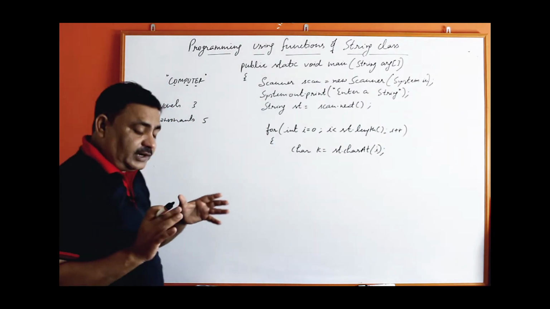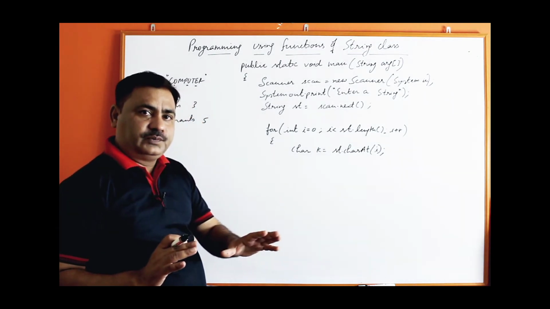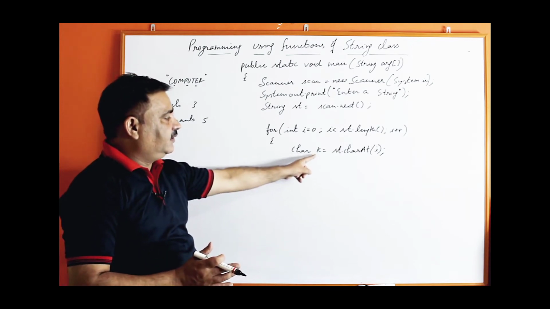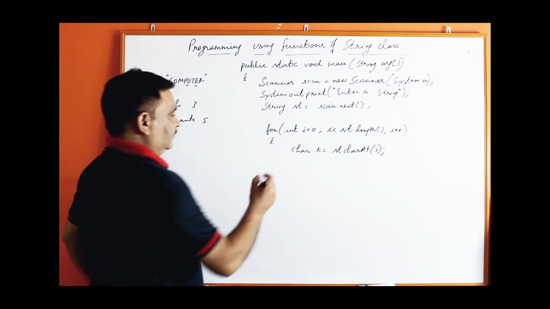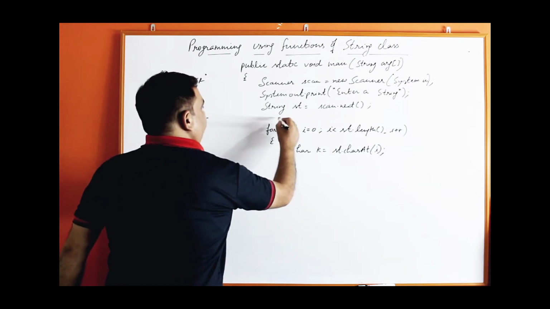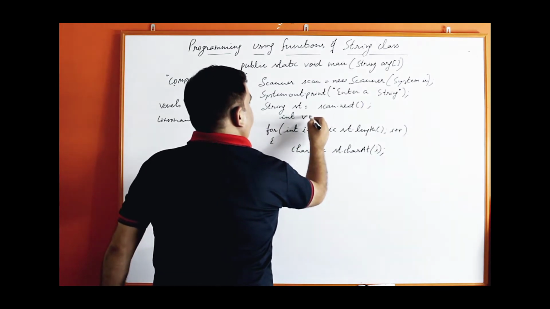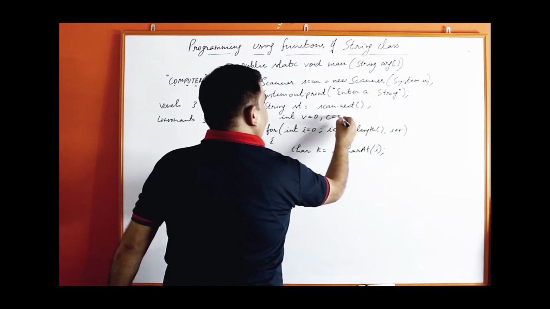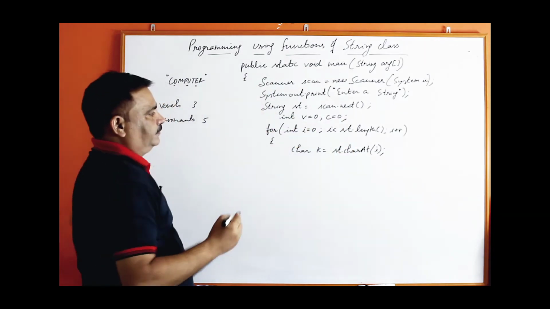And you know there are 5 vowels, A, E, I, O, U. So we have to put all 5 conditions. We have to compare each and every character with all the vowels. So I am taking one variable here, int v equal to 0 to count the number of vowels, and to count the number of consonants I am taking c equal to 0. So I have declared 2 variables of integer type.